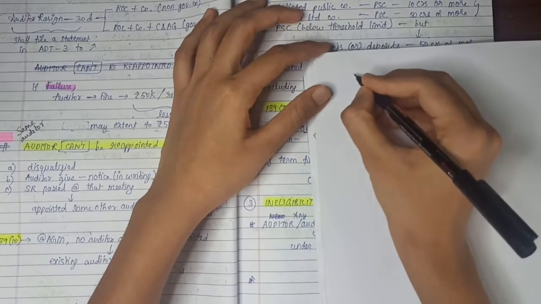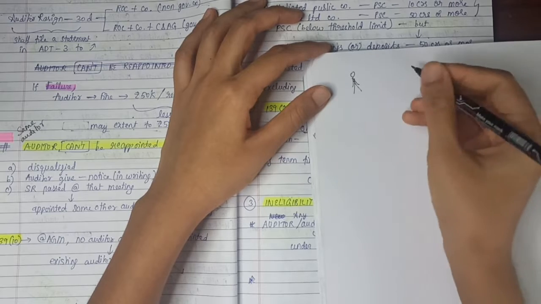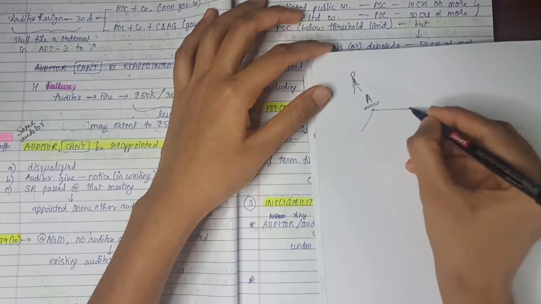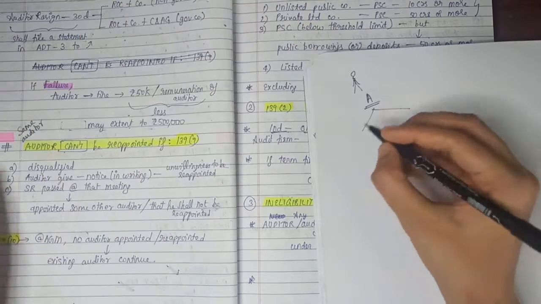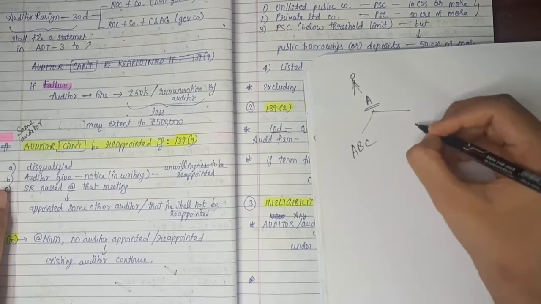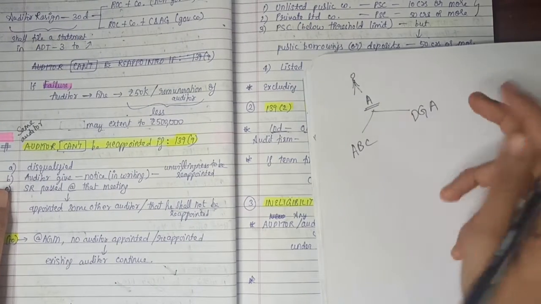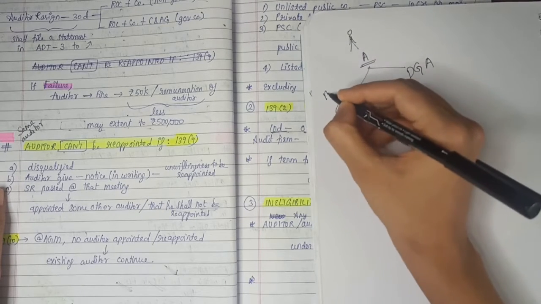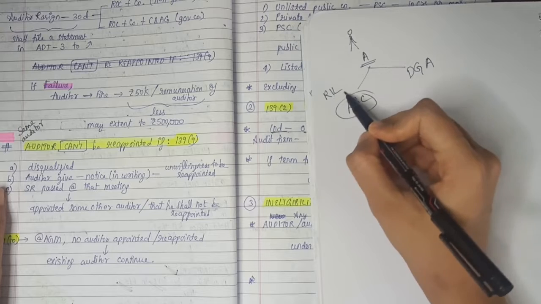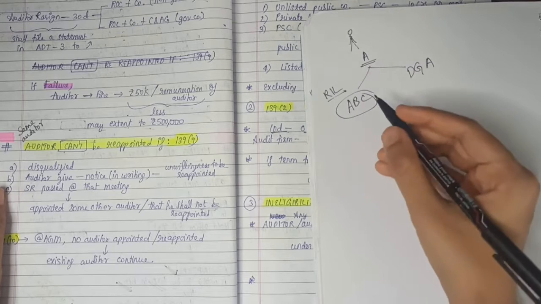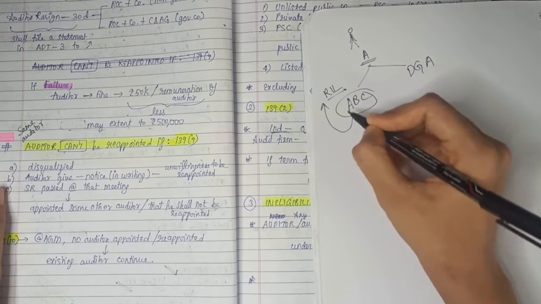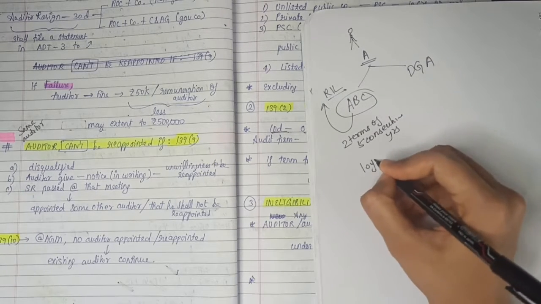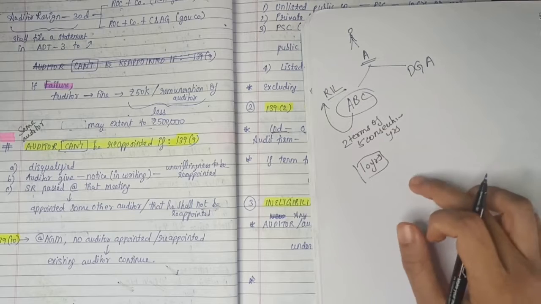Suppose there is an individual, his name is A. He is a partner in 2 firms, ABC Limited and DGA Limited. ABC Limited gets appointed as auditor in Reliance Industries. They audit Reliance Industries for two terms of 5 consecutive years, that is, for 10 years this firm has audited Reliance Industries.